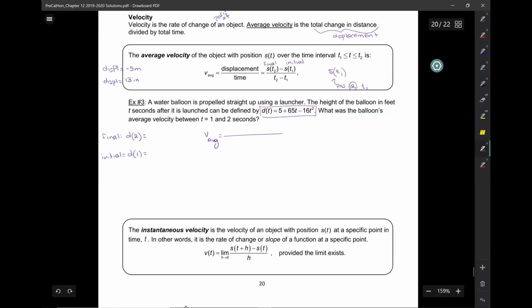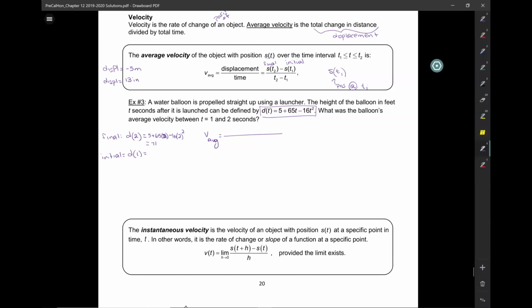So let's just evaluate that for a minute. D of 2, you put 2 into the function. So 5 plus 65 times 5 minus 16 times 2 squared. I'm sorry, 65 times 2. So that equals 71.